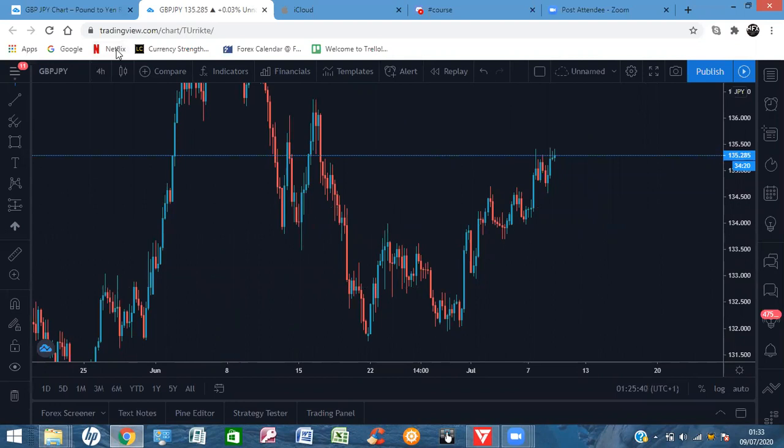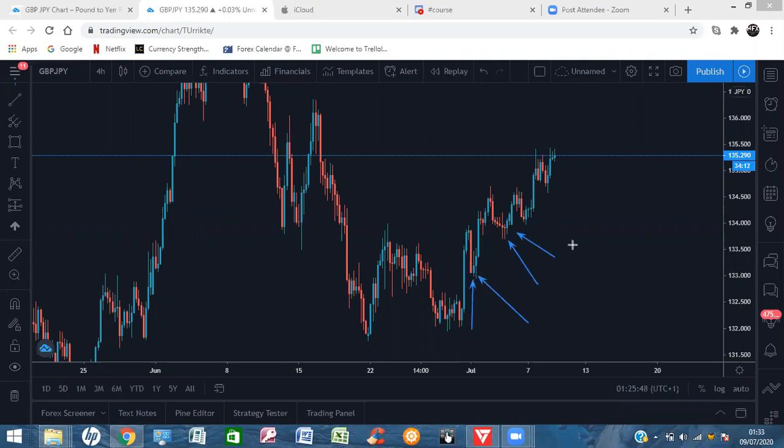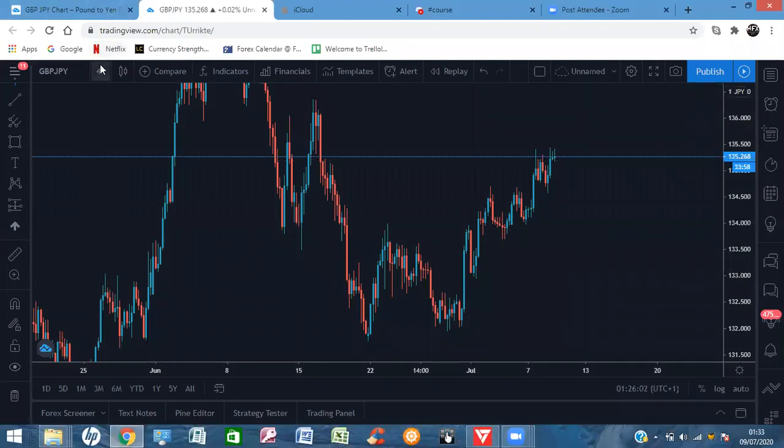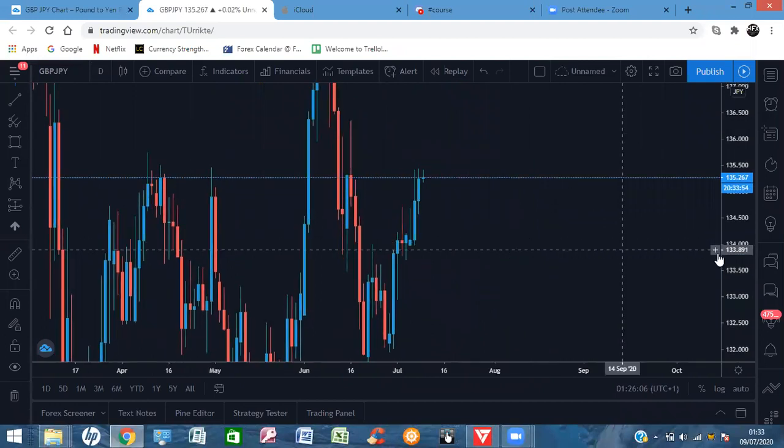If we look at it from the 4-hour, we already analyzed it, but we're saying higher lows and higher highs. Even if we went to the daily time frame, it should look similar to the 30-minute in terms of candles.